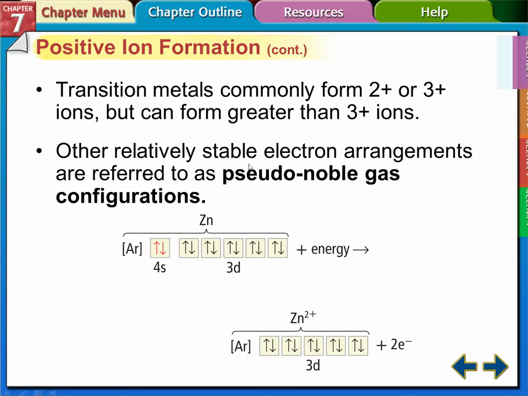That's called a pseudo-noble gas configuration. It happens mostly in the zinc group, group 12, where it fills up that 3d orbital, and this stays filled up. It's a more stable configuration than losing one out of the 4s and one out of the 3d. So the 3d stays completely full, and we've lost the 2 valence electrons in the 4s.